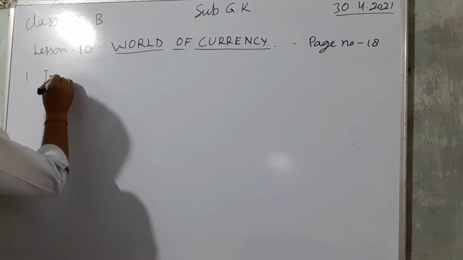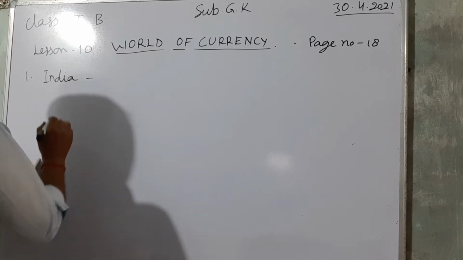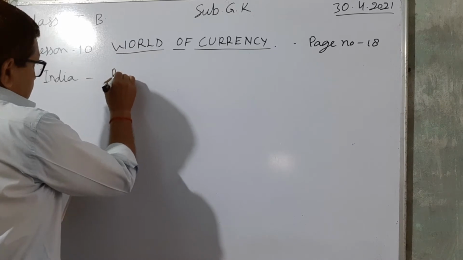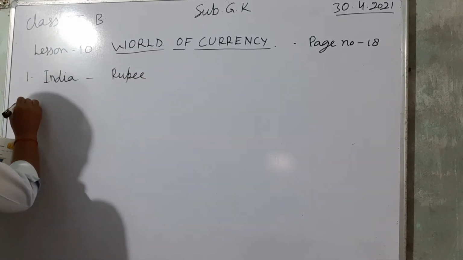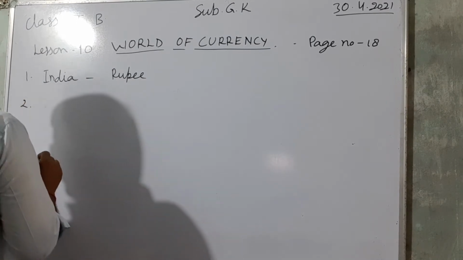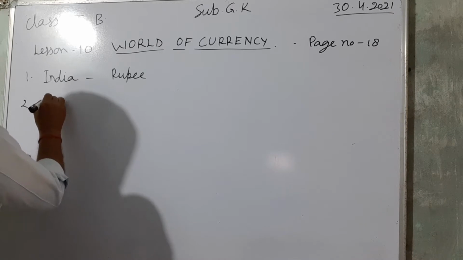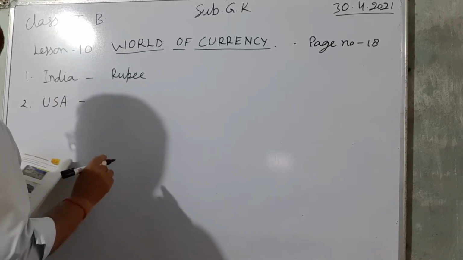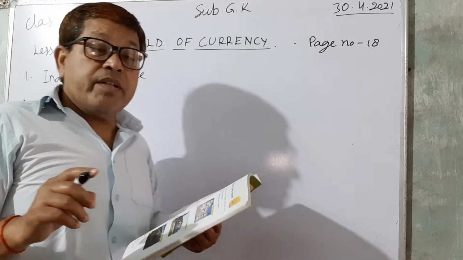First one, India. Its currency is rupee. And second is the USA. In the USA, the name of the currency you have to write.